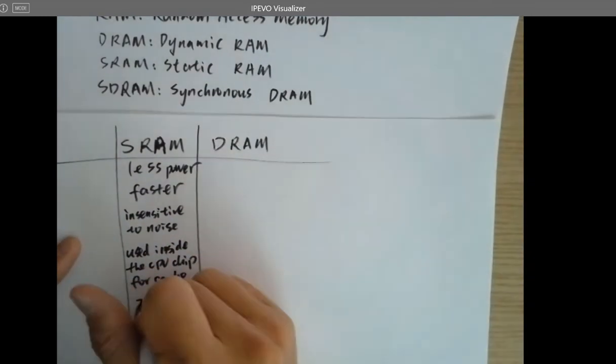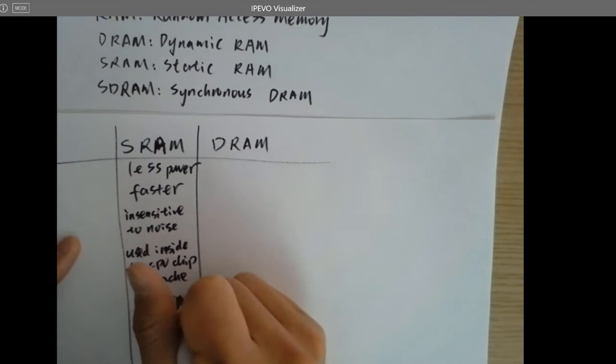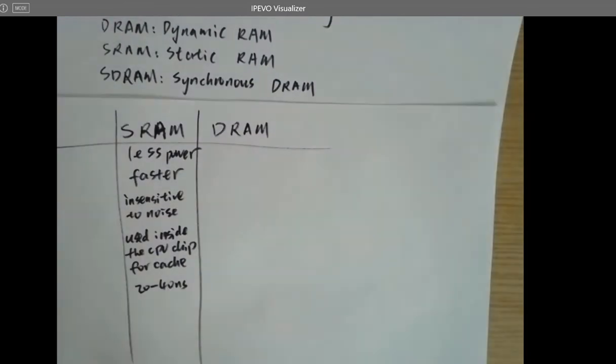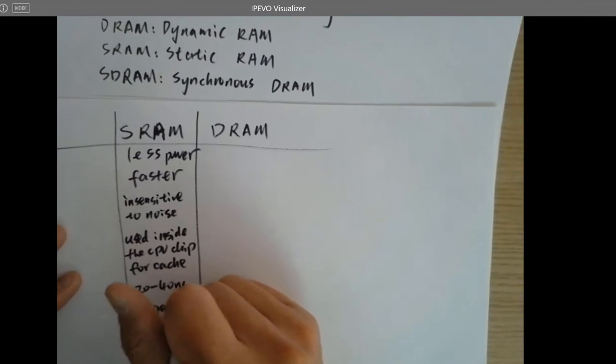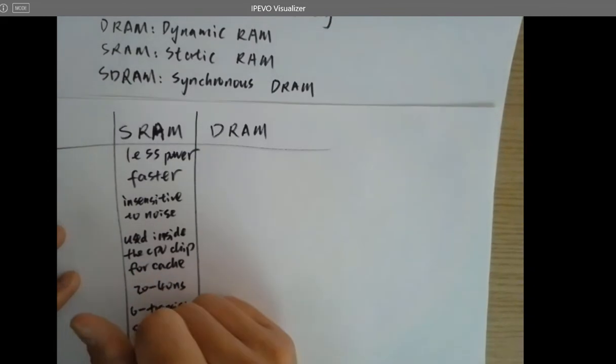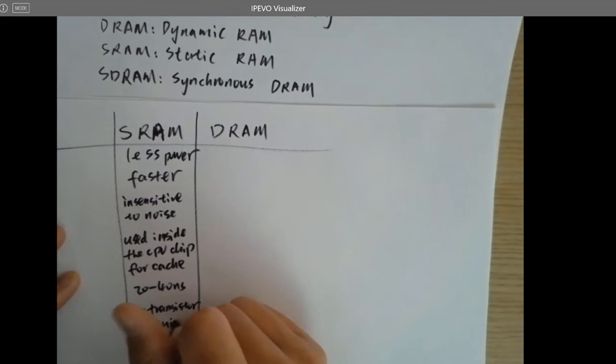It's normally 20 to 40 nanoseconds to read or write. And it's normally a 6-transistor circuit for each memory cell.